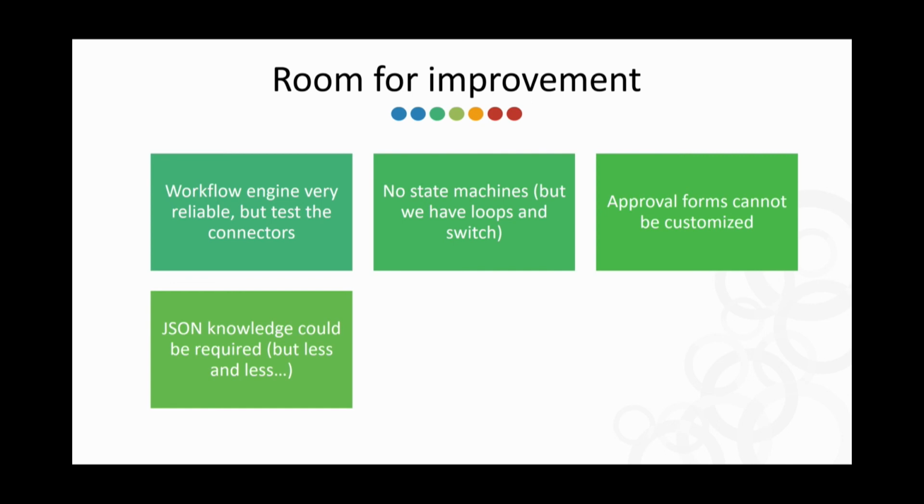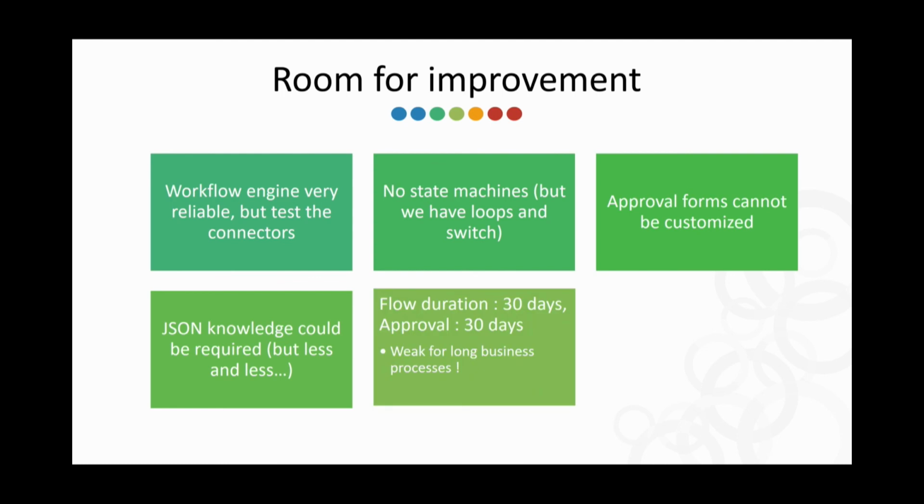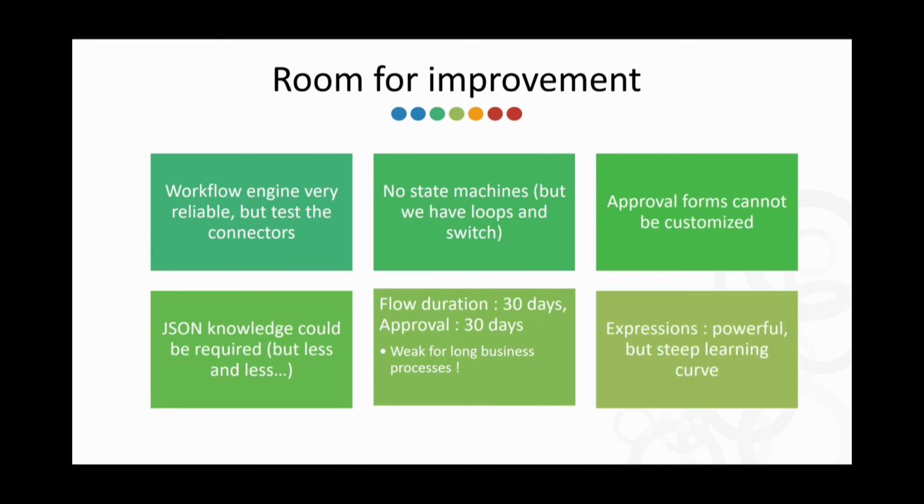We used to call that task form in SharePoint, SharePoint approval. Sometimes in Flow, the user needs some basic JSON knowledge. So this is a bit too complicated sometimes. But the Flow team wants to get rid of that, okay? To get rid of all the visible JSON. Don't forget, flow duration 30 days, approval 30 days, so this can be a weakness. But they're working on it.